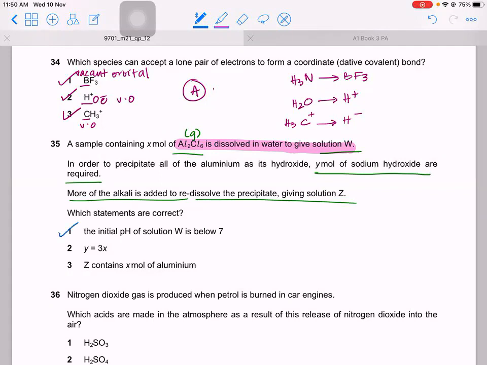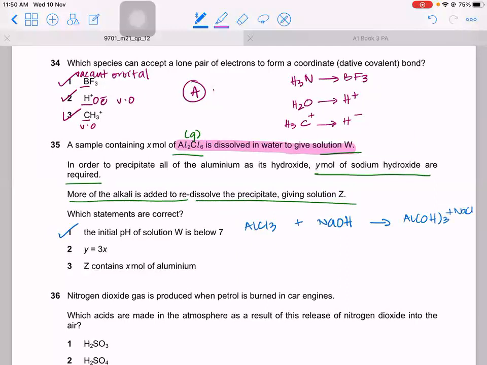Then in order to precipitate all of the aluminum as its hydroxide, Y mole of sodium hydroxide are required. So you basically have AlCl3 reacting with NaOH. When you react AlCl3 with NaOH, they are saying you require Y moles of sodium hydroxide. So this will give you Al(OH)3 plus NaCl.